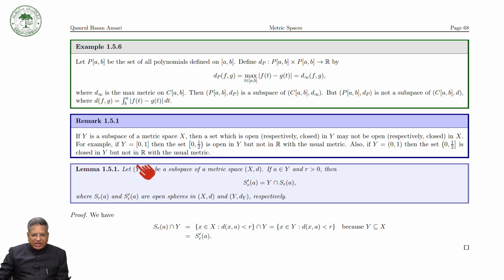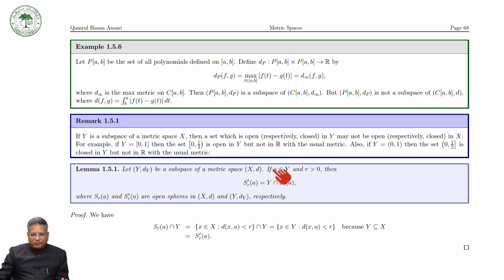Now, the question is: what would be the shape of an open ball in a subspace? Here the important thing is this lemma. This lemma says: let (Y, d_Y) be a subspace of the metric space (X, d).